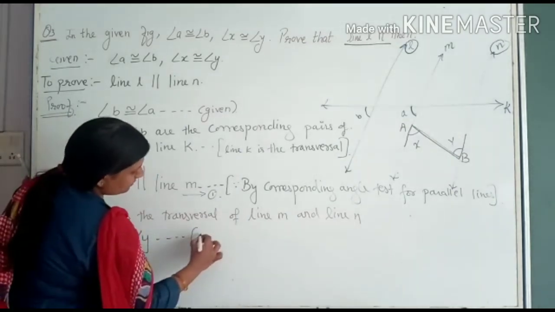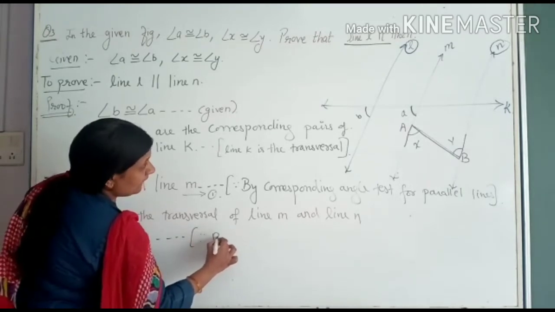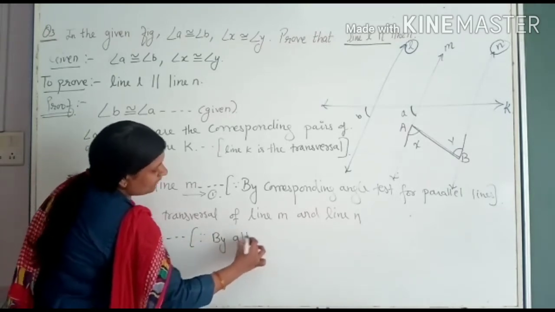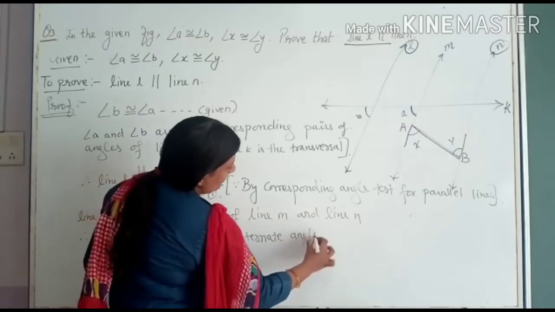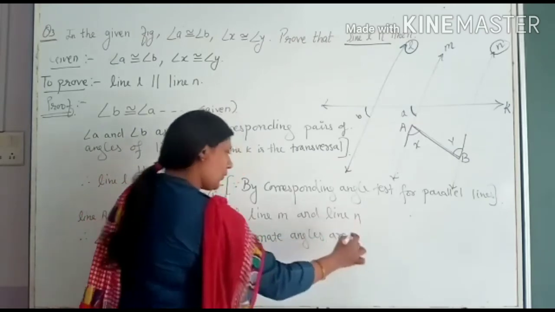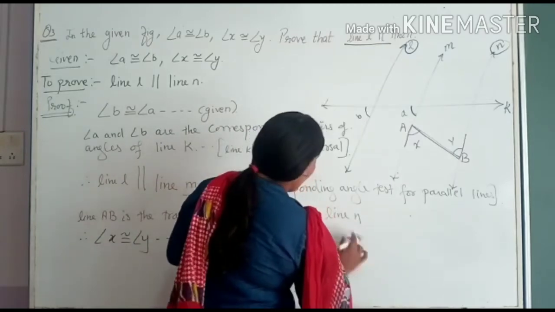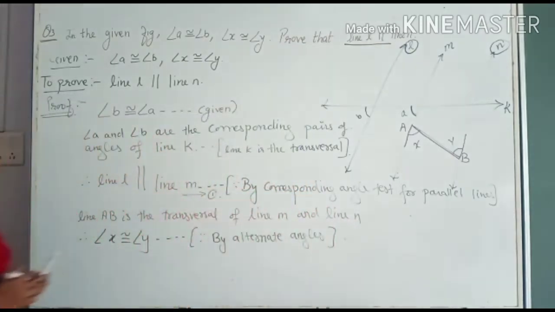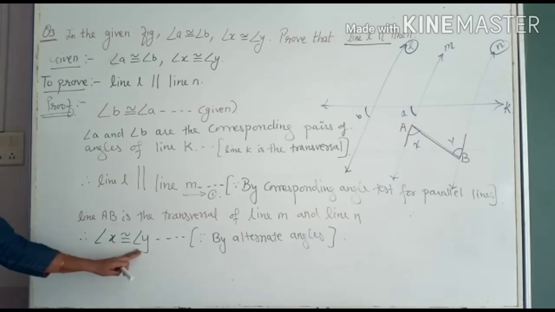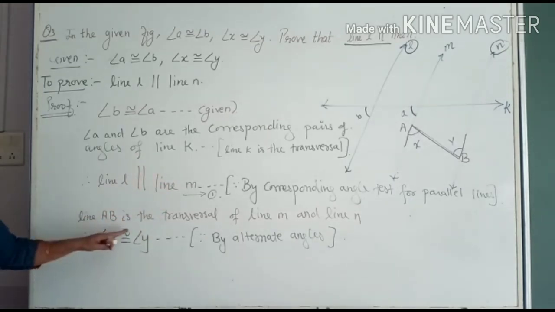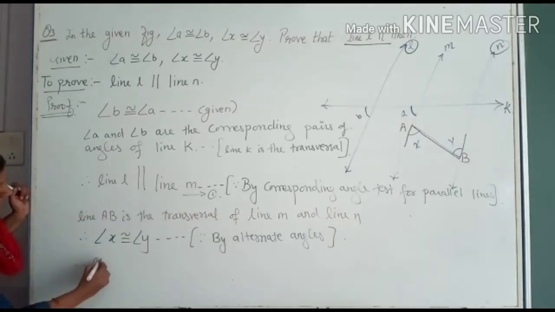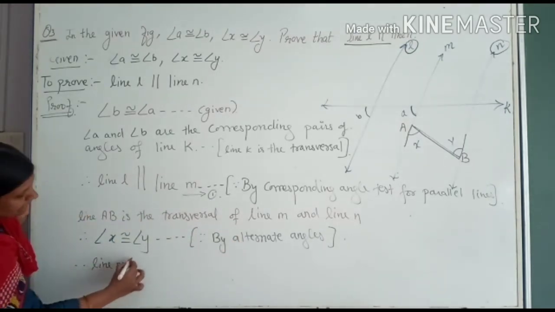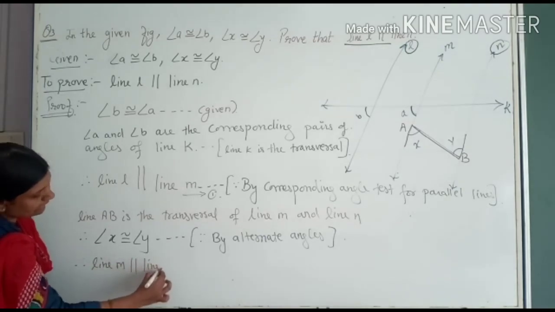Reason is, since by alternate angles are congruent to each other, or you can write since by alternate angle. Now if you observe, angle X and angle Y are congruent to each other and these are nothing but the alternate angles. Therefore line M is parallel to line N.